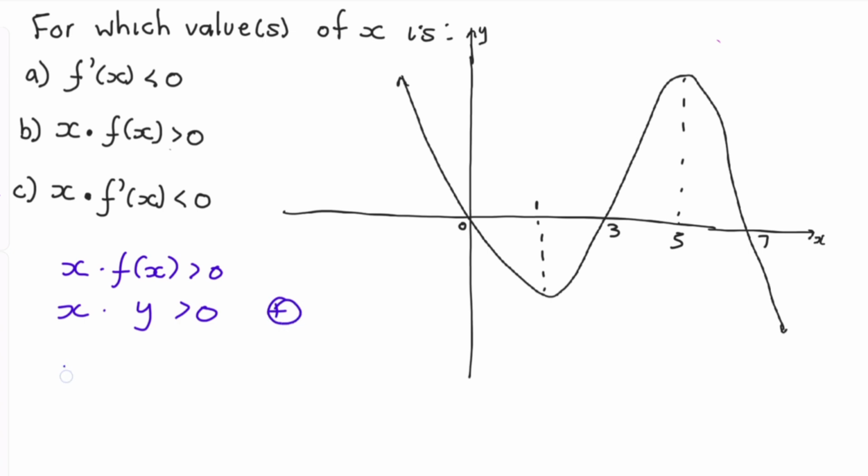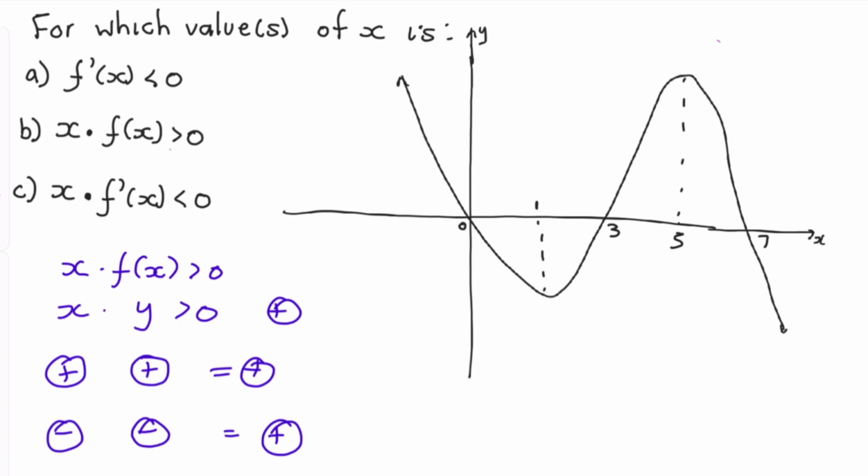So we can have positive x values and f of x can be above the x-axis, or we can have negative x values and f of x can be below the x-axis. That will also give us a positive. So firstly, let's look for where we have positive x values. This is where we have positive x values.